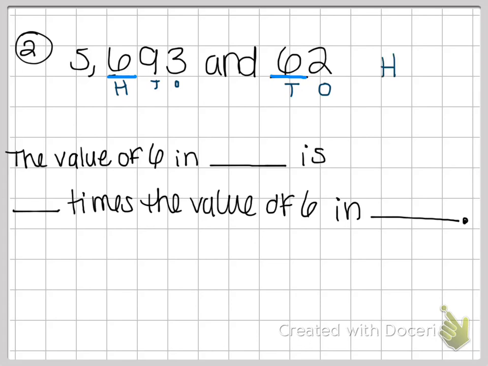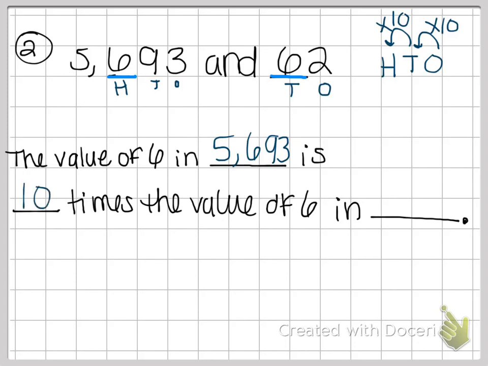So comparing the hundreds, tens, and ones, each time it's going to increase 10 times to the next place value. So the value of the 6 in 5,693 is one place value more, or 10 times the value of the 6 in the number 62.